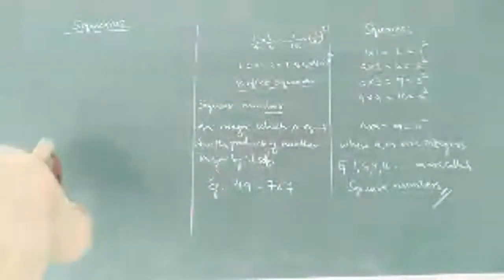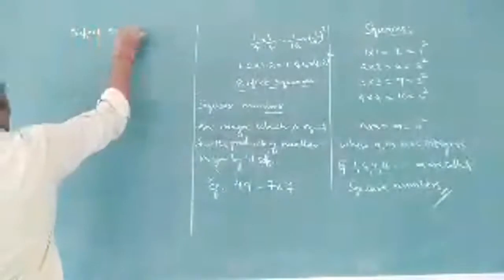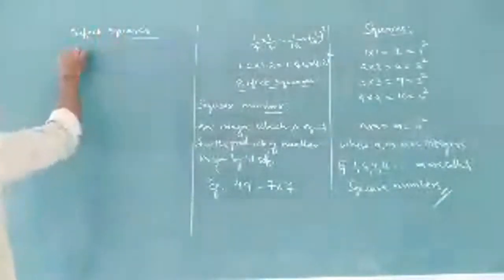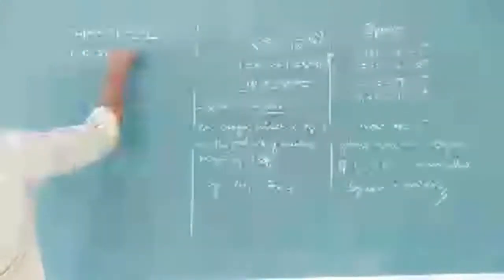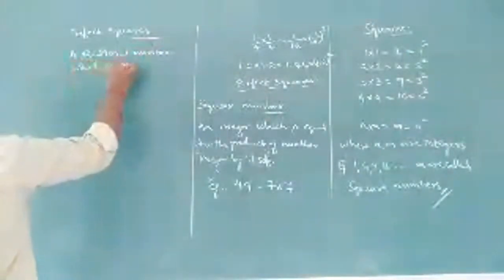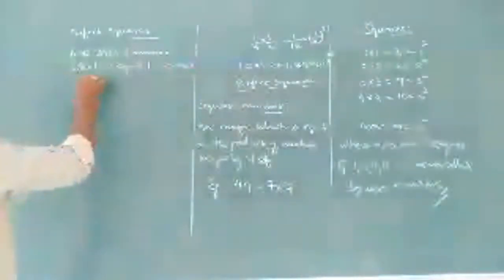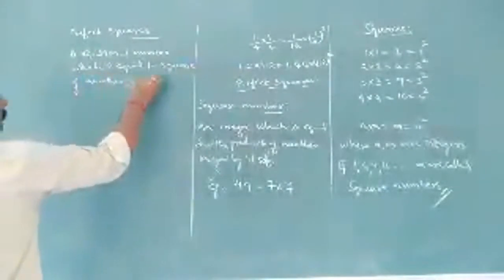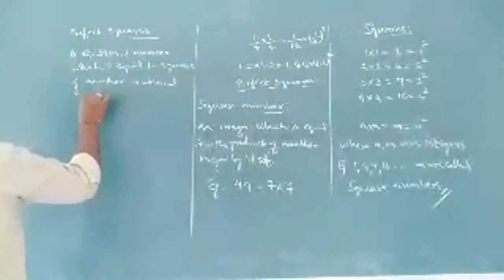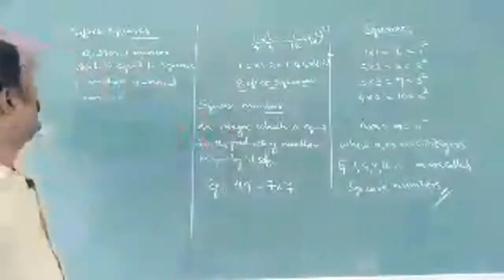Next, what do we have? Perfect squares. Just now we discussed that square numbers are nothing but integers, and perfect squares are nothing but rational numbers.